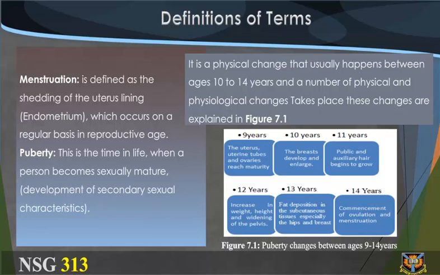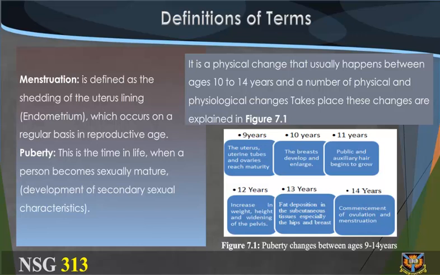It is a physical change that usually happens between ages 10 to 14 years, and a number of physical and psychological changes take place. These changes are explained in figure 7.1 of this diagram.